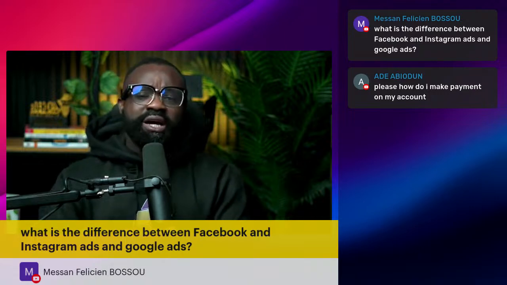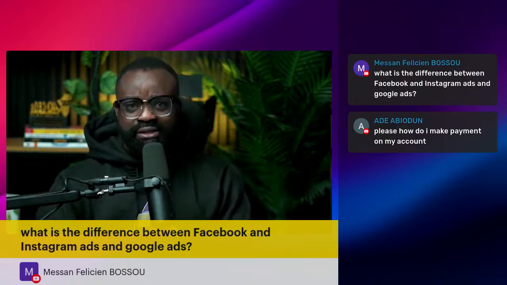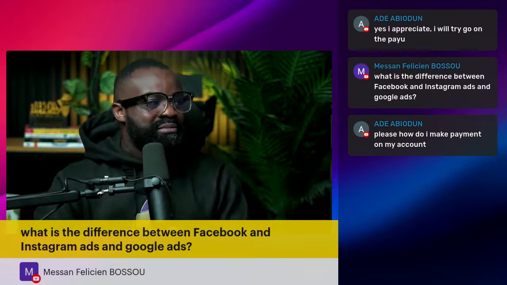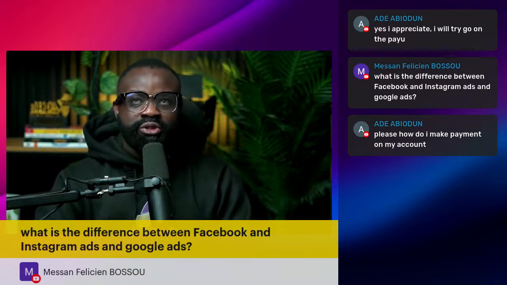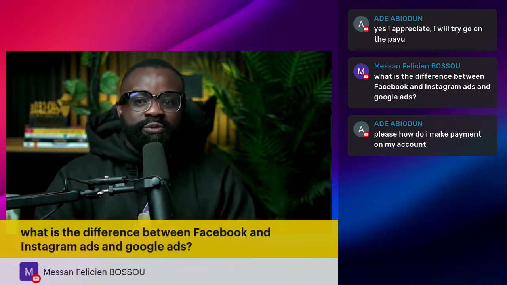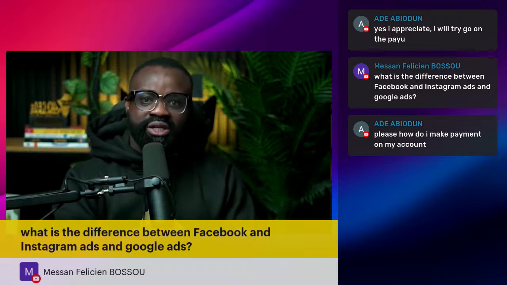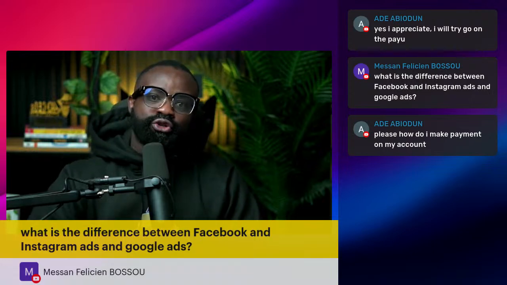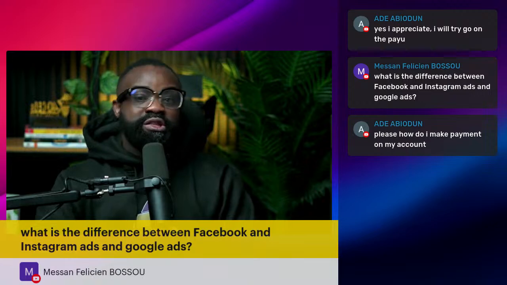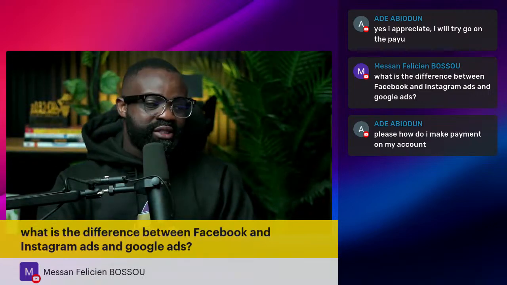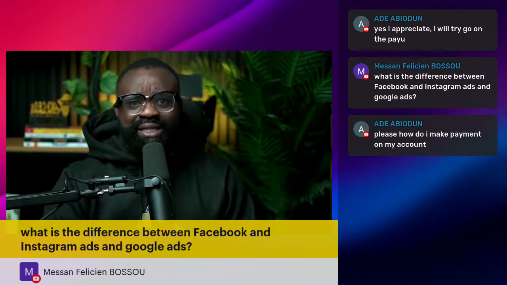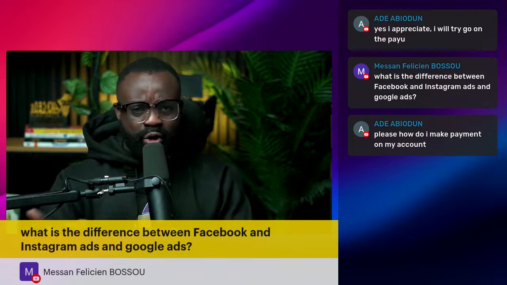When you run ads that display on Instagram, you can say that's Instagram ads. Both are by the same company, but when the ad is directed to Instagram, you say you're running Instagram ads. I hope you understand what I'm saying.